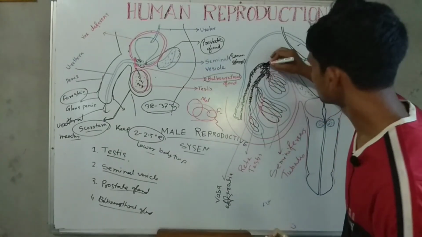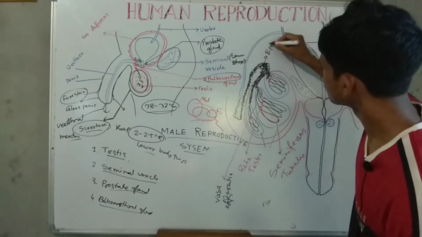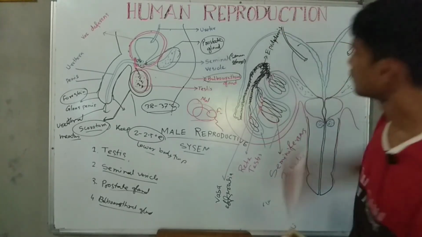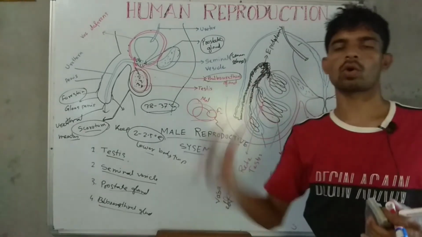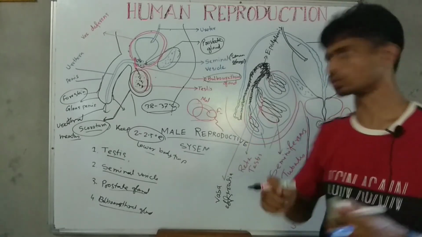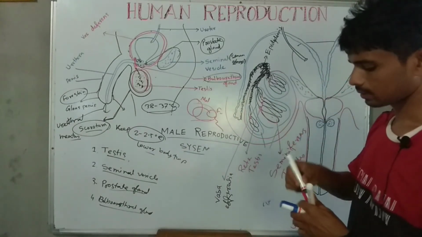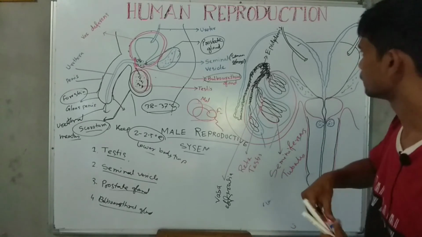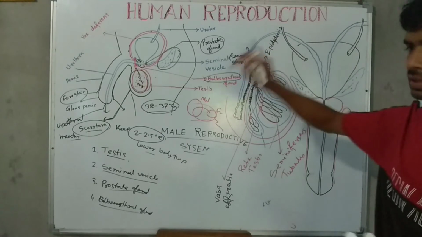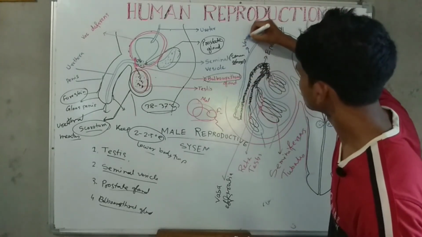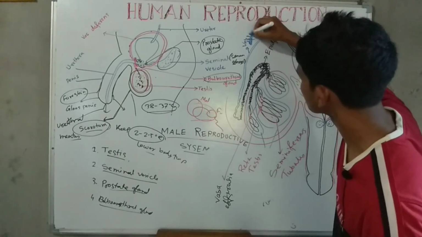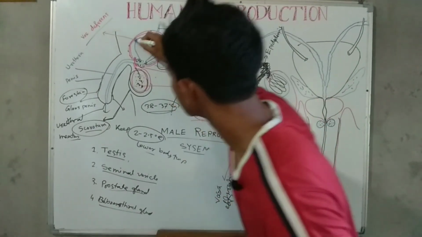This is called the epididymis. The epididymis is a highly coiled structure of tubes, inside which the sperm cells are also stored for some time. After the epididymis, it comes to another tube, called the vas deferens, spelled D-E-F-E-R-E-N-S.